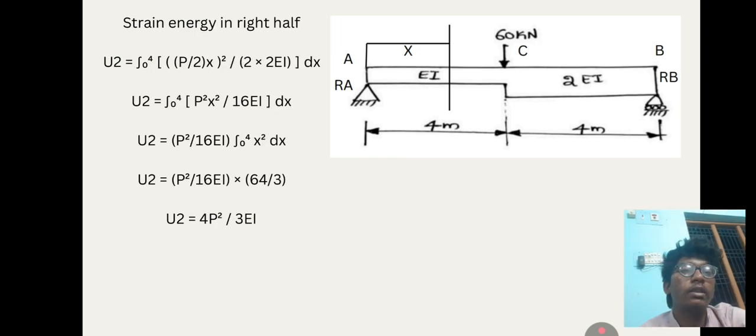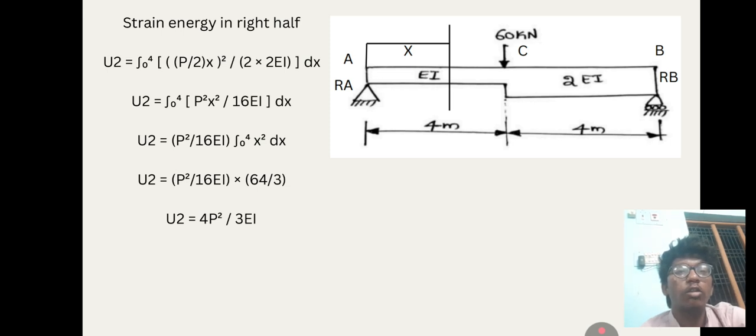Strain energy in the right half, U2 equals integral from 0 to 4 of (P by 2 x) whole square by 2 into EI into dx. U2 equals integral from 0 to 4 of P square x square by 16EI into dx.